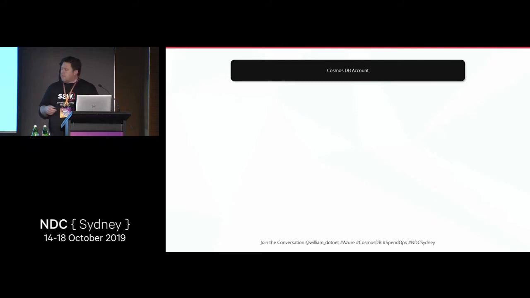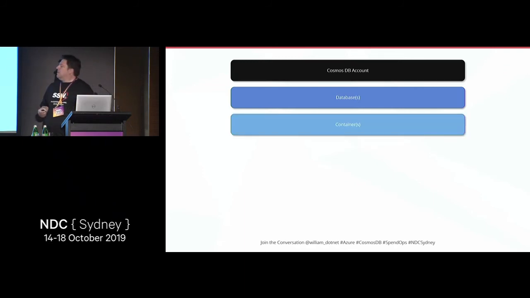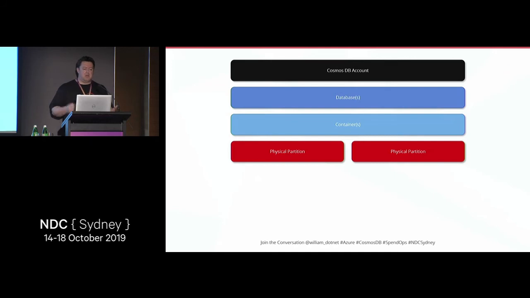When we look at the structure of a Cosmos database, there are 1 or more databases in that account with 1 or more containers, and each container can be backed by a number of physical partitions. So when we dial it up because we want more performance, we'll get more servers backing this container.